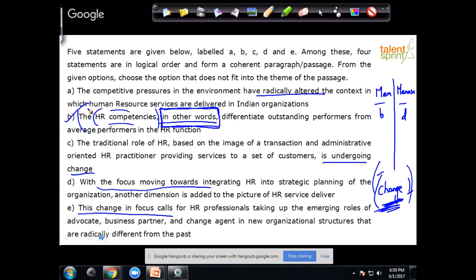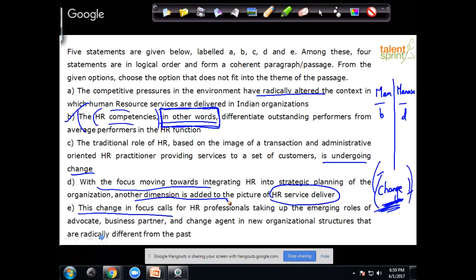Anshul, D is just saying, hey, we are shifting our focus from one thing to another thing. Integrating means we are bringing together some components. What are they integrating? They are making sure there is some sort of strategic planning involved in this shift in the HR service delivery. Another dimension is added.